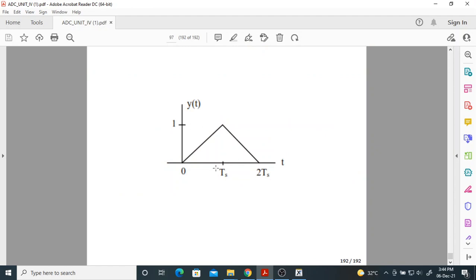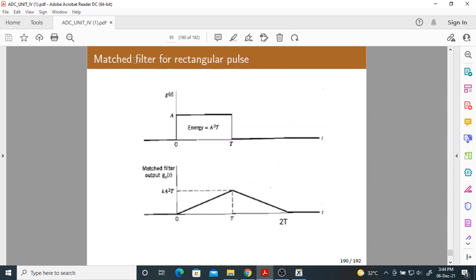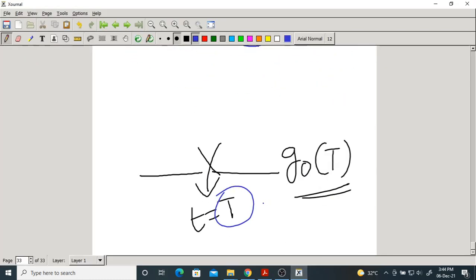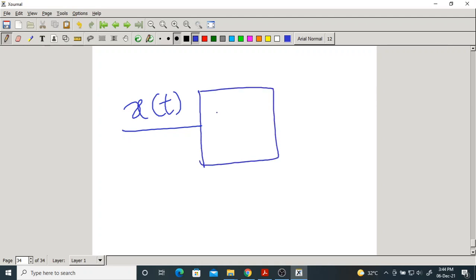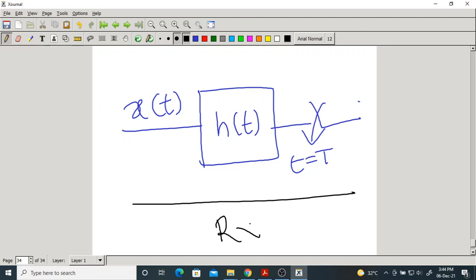Okay. So this is the matched filter receiver. Simply it is like this, so I will briefly tell you. We get a received signal x of t, which is a sum of signal part plus noise part, that is applied to the filter h of t, and it is later sampled at t equal to capital T, and later we have a decoding also, but this is a receiver. What is it called? Matched filter receiver. Here we are using a filter h of t which is matched to the signal part of the transmitted signal.